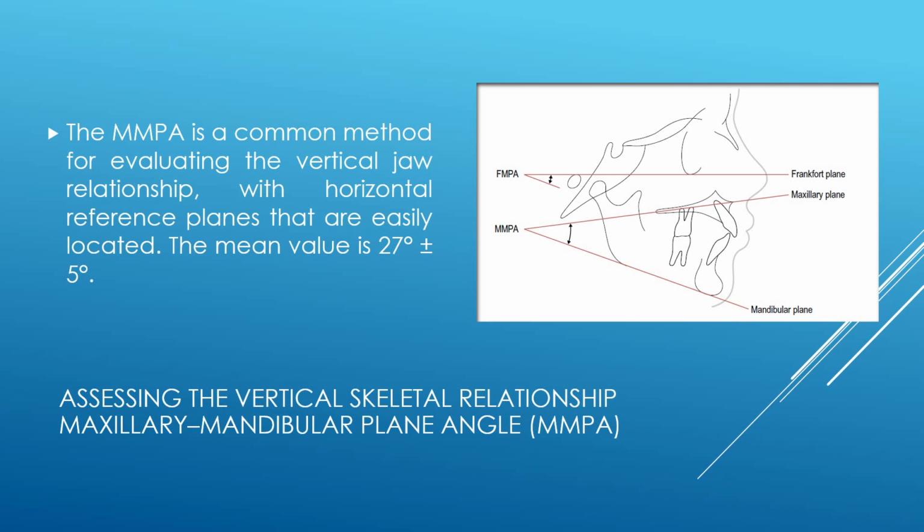The MMPA is a common method for evaluating the vertical jaw relationship, with this angle using horizontal reference planes that are easily located. The mean value is 27 degrees plus or minus 5 degrees.